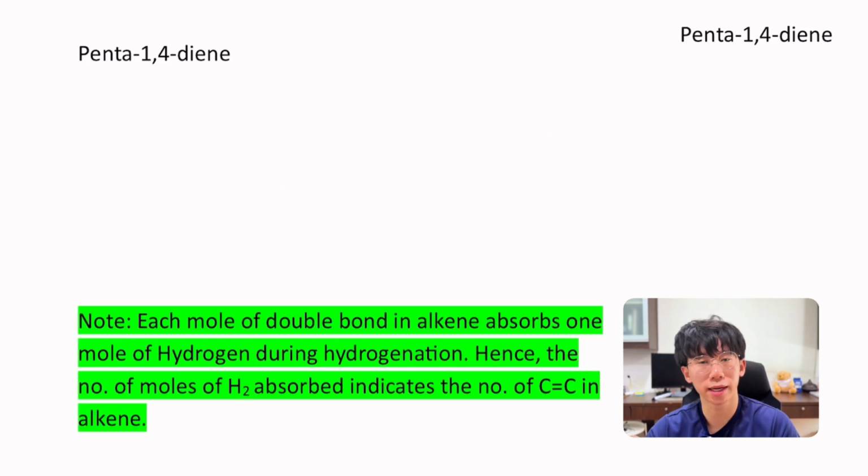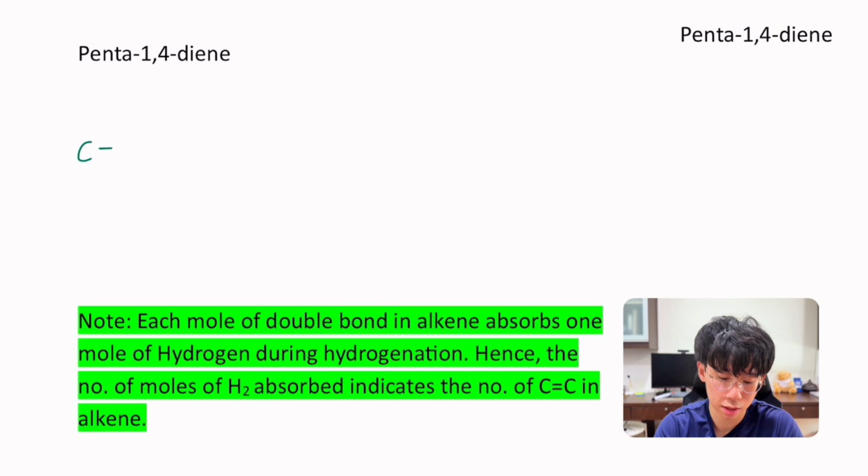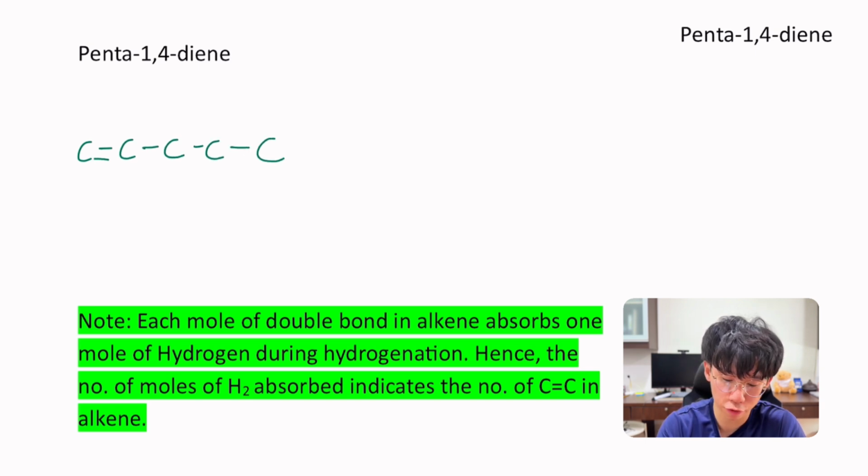Let's take a look at another example, penta-1,4-diene. Penta-1,4-diene is like a double alkene, meaning there are two C=C double bonds. Penta means it's 5 carbons, and the double bonds are in the 1 and 4 positions. Fill up the rest of the hydrogens.